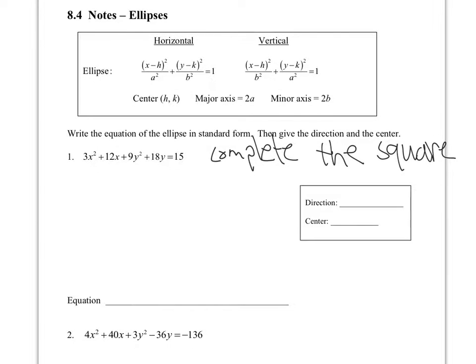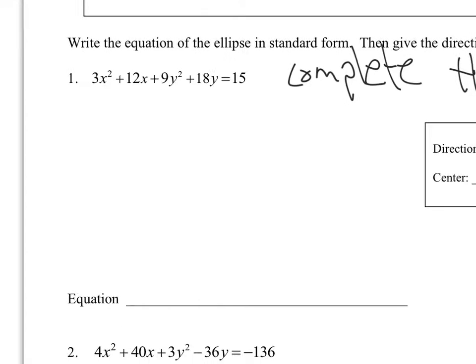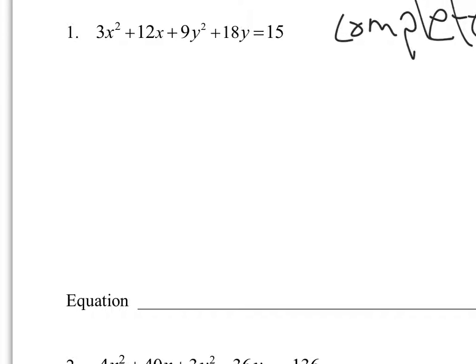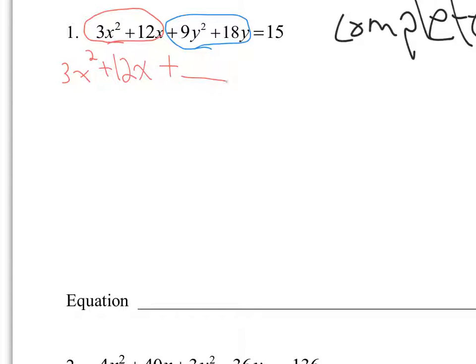So let's go ahead and look at this first equation. Right now, again, we have the x's and we've got the y's. We're going to complete the square. Now, if I start writing this out as 3x squared plus 12x, I cannot start adding some number.